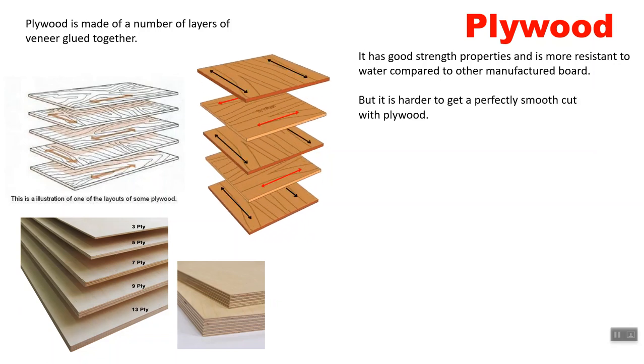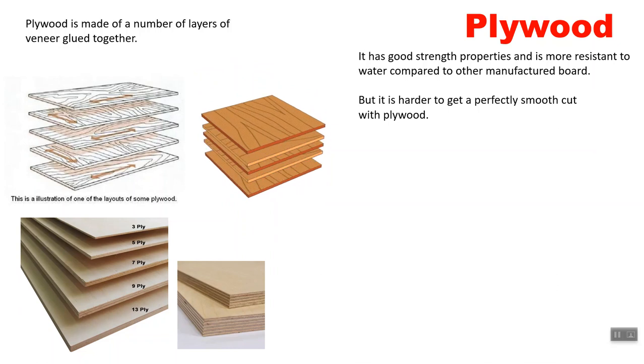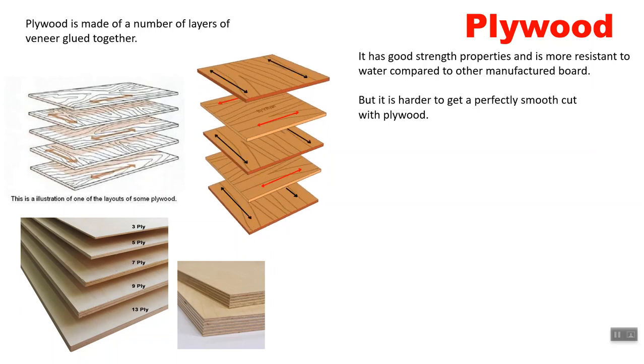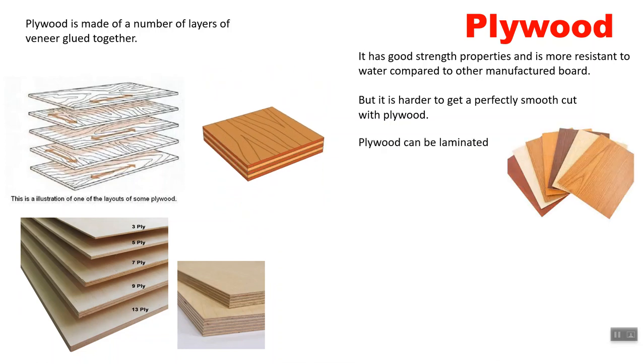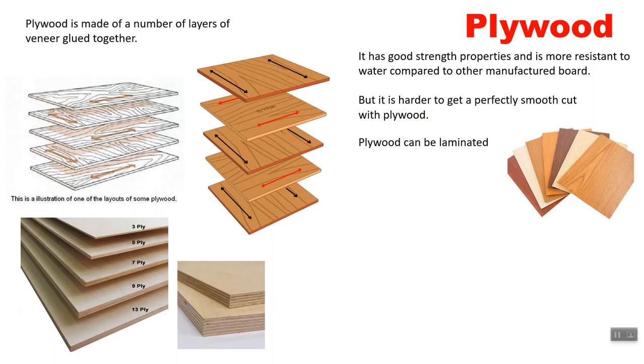But it is harder to get a perfect smooth cut with plywood, so it often splits when we try to cut it. The edges split and it doesn't give a perfect smooth cut. But plywood can be laminated with plastic or hardwood veneers.